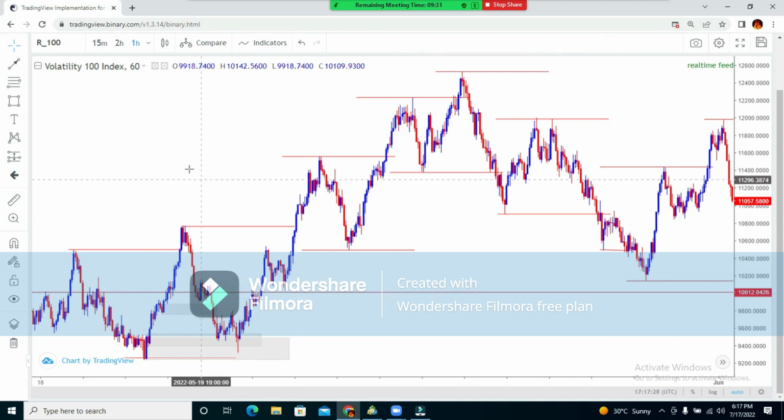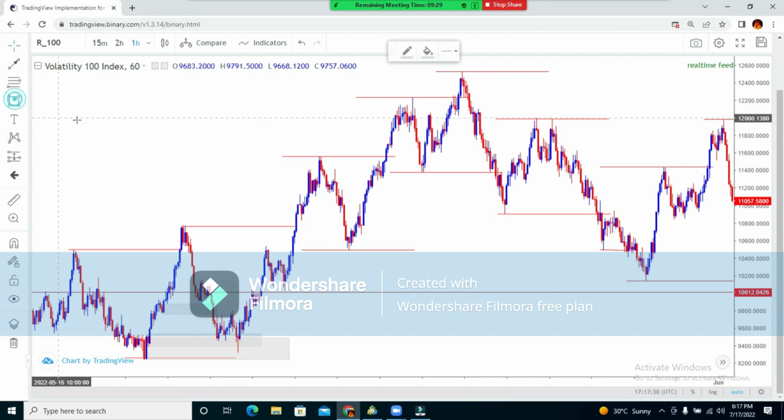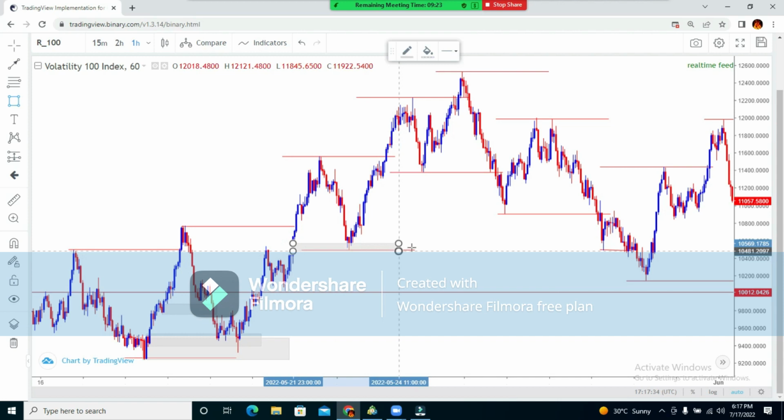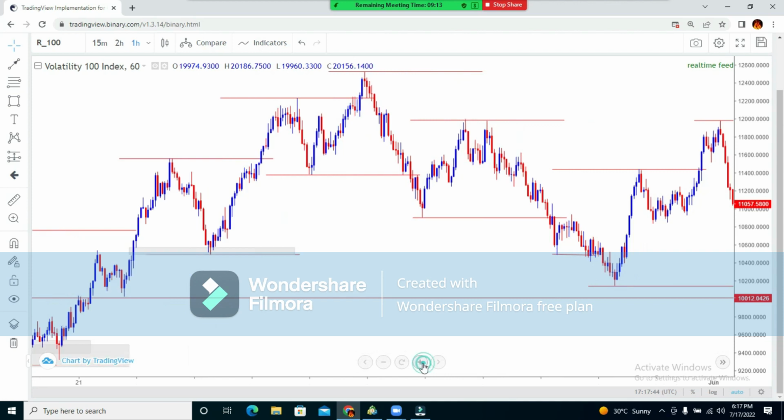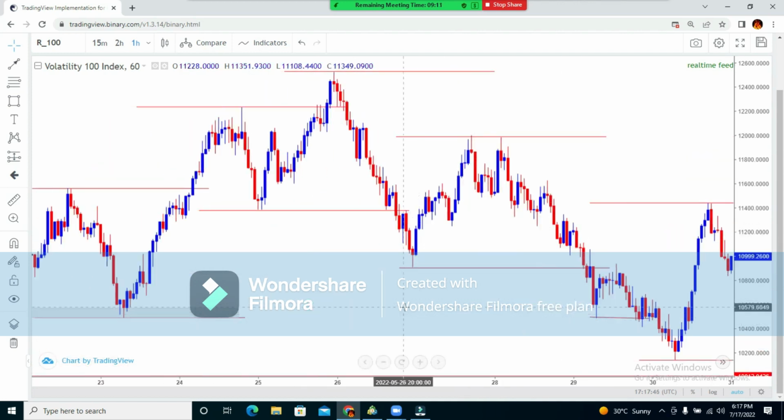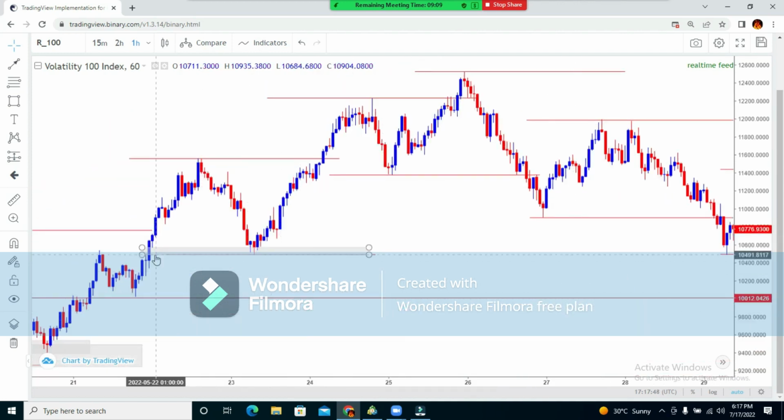So fair value gap, I want to just show you this one. Fair value gap, this place. Can you see it? Yes, sir. So these three candles, you can see the body, you can see this high and this low.